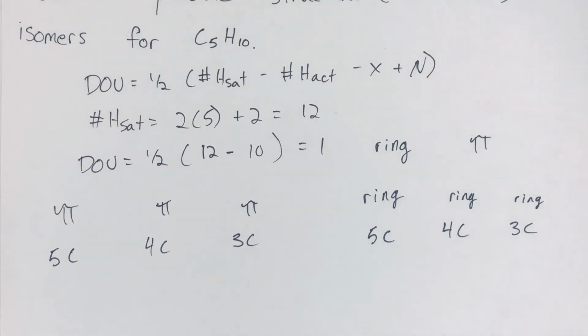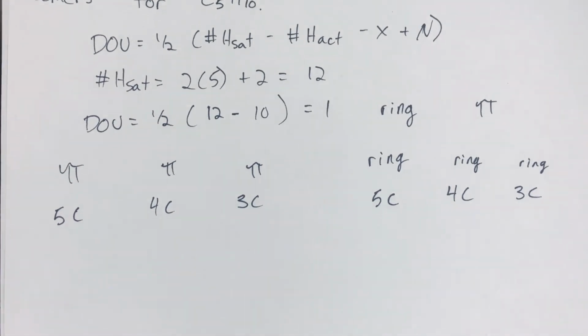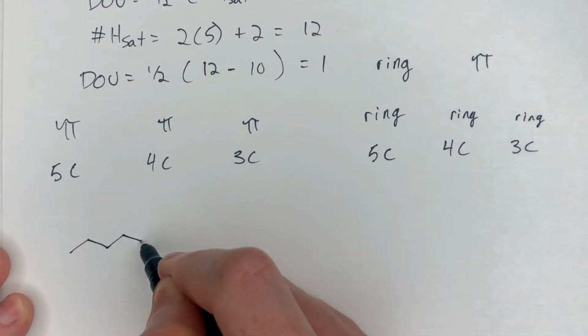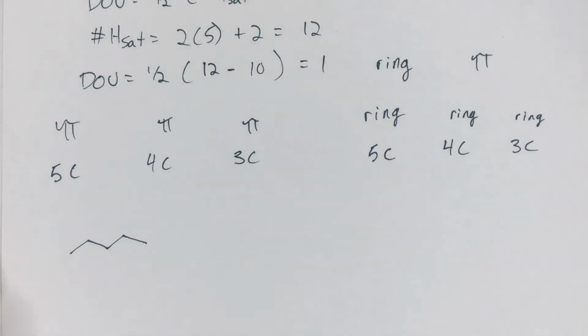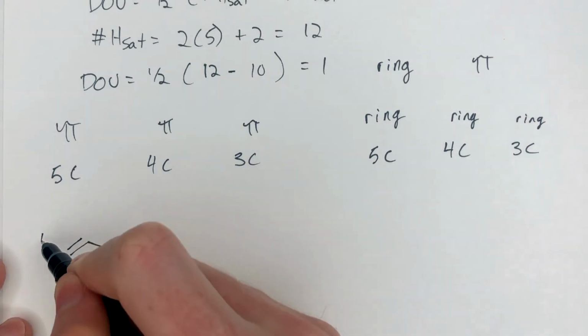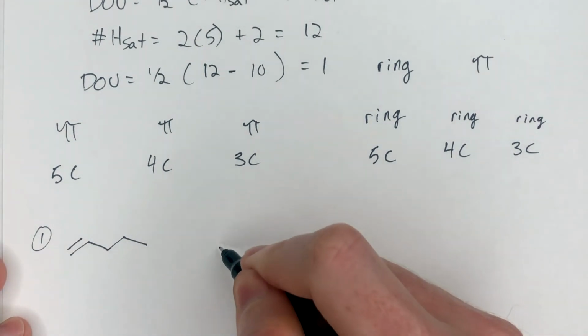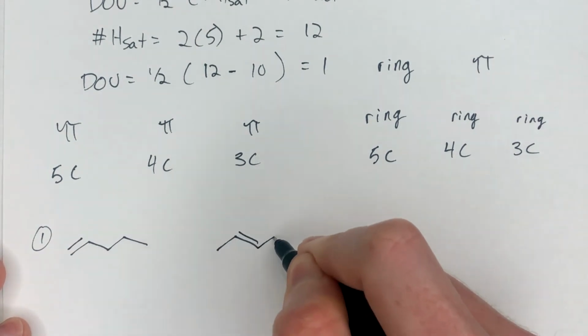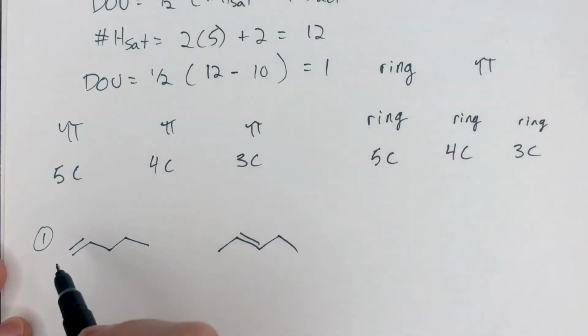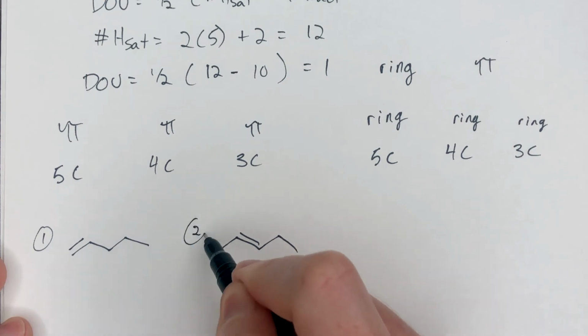Okay, so let's start with the 5 carbon chain for the pi bond. So we'll just draw our 5 carbon standard chain, looks like pentane, and now the pi bond can go in different positions. So we can start it at the 1 position. This is one distinct isomer. We can then put it at the 2 position, which is another distinct isomer. 1, 2, 3, 4, 5. Always check your carbons as you go.